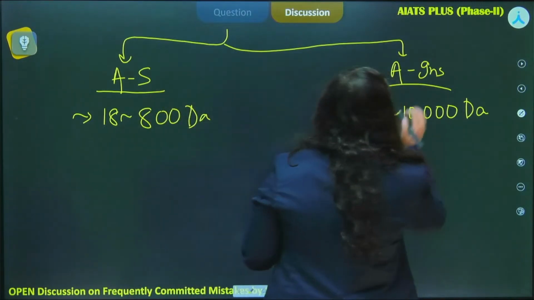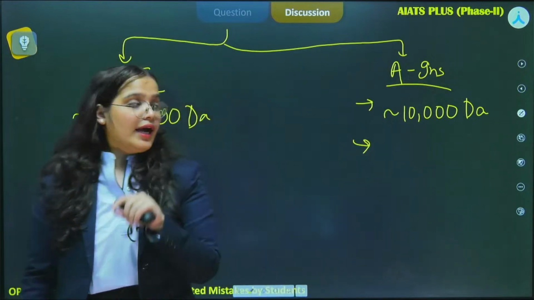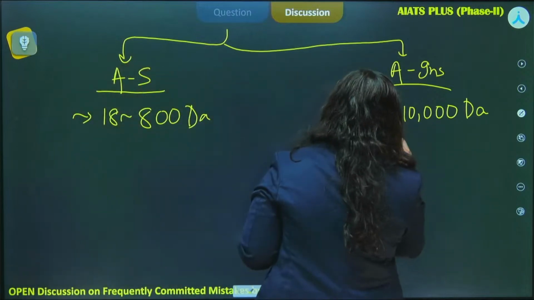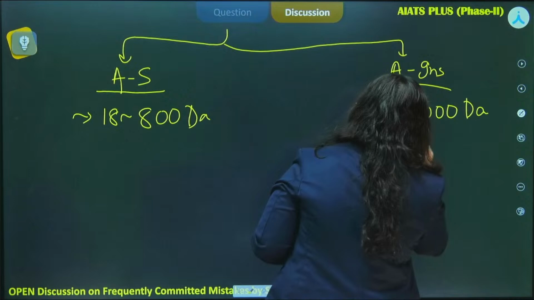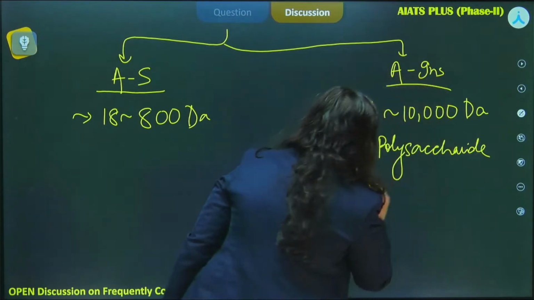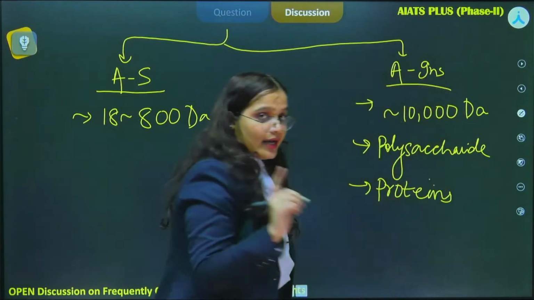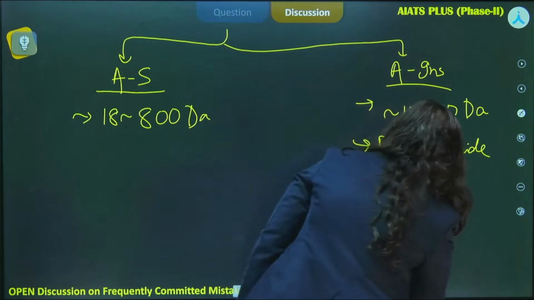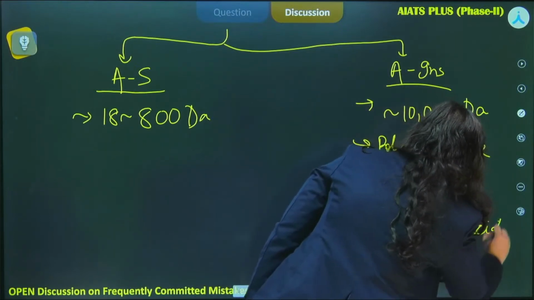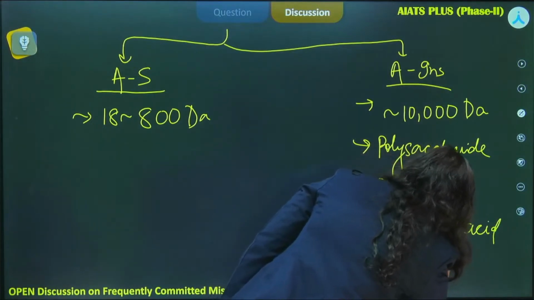So basically the substances which are found in the acid insoluble fraction are the polysaccharides, then we have proteins, we have nucleic acids, and we also obtain lipid in this fraction.